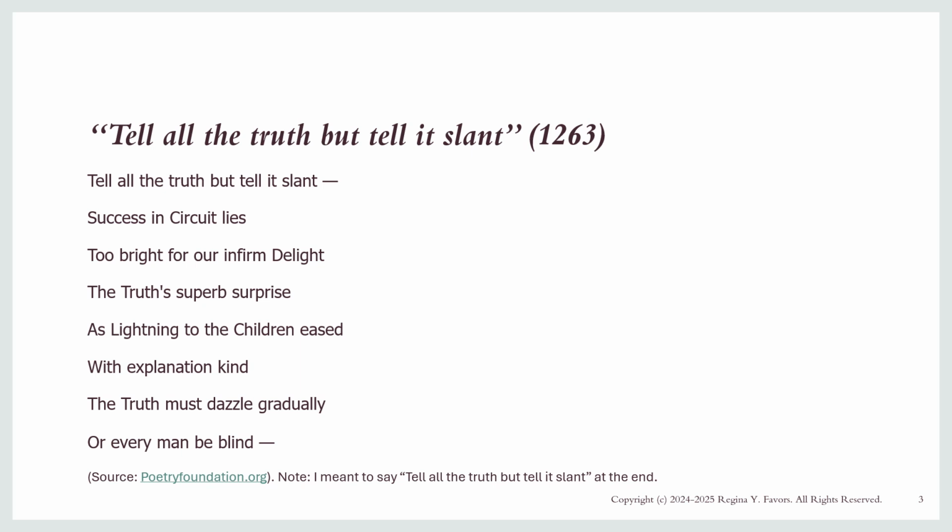It's like when you're trying to put too much truth on somebody and they just can't take it, and so they walk away. But if you were kind, if you took them through steps, they would be more likely to receive it and not choose to be blind. Or every man be blind is a choice.